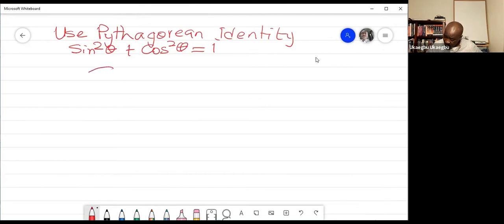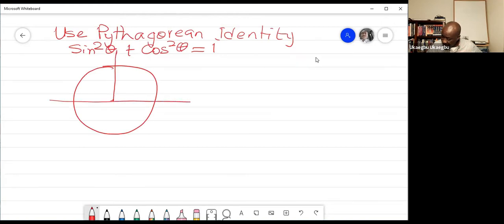So draw a unit circle with your point and the axis. Unit circle means that the radius is 1. And it means that the y here is plus y, and then plus x.